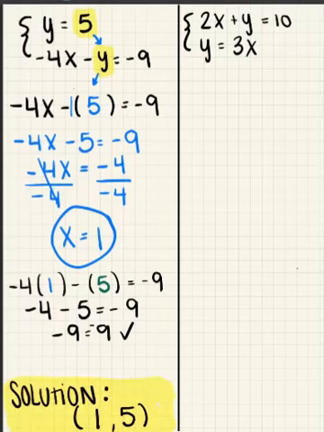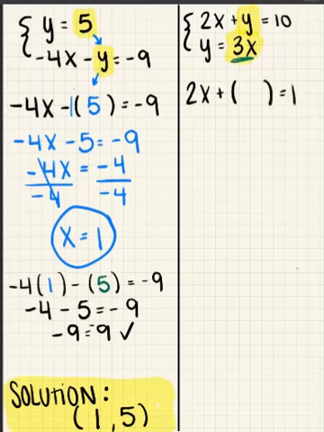We're going to do that same thing, only we're getting a little more difficult this time. This one's y tells me that it has a variable involved. This time y is equal to 3x. So I'm going to do the same thing and just substitute or plug in, replace every time I would see a y with what it now tells me it is down here. So I originally had 2x plus y equals 10.